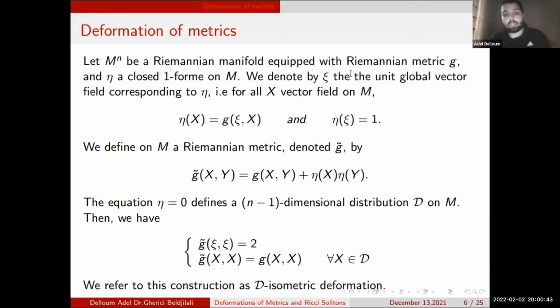For the distribution here, the notation is simply the kernel of the one-form, which is the covector of the characteristic vector field. For this particular case, we call this deformation a D-isometric deformation, because the metric is the same on the distribution.